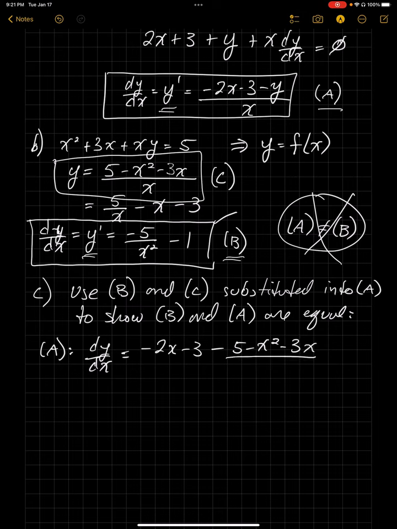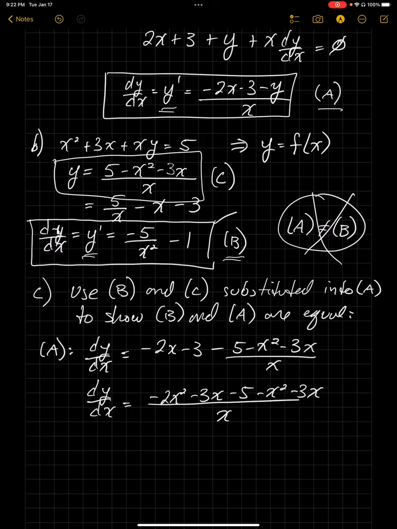Okay, so now it's just a matter of algebra to show that dy by dx is equal to negative 2x squared minus 3x minus 5 minus x squared minus 3x.